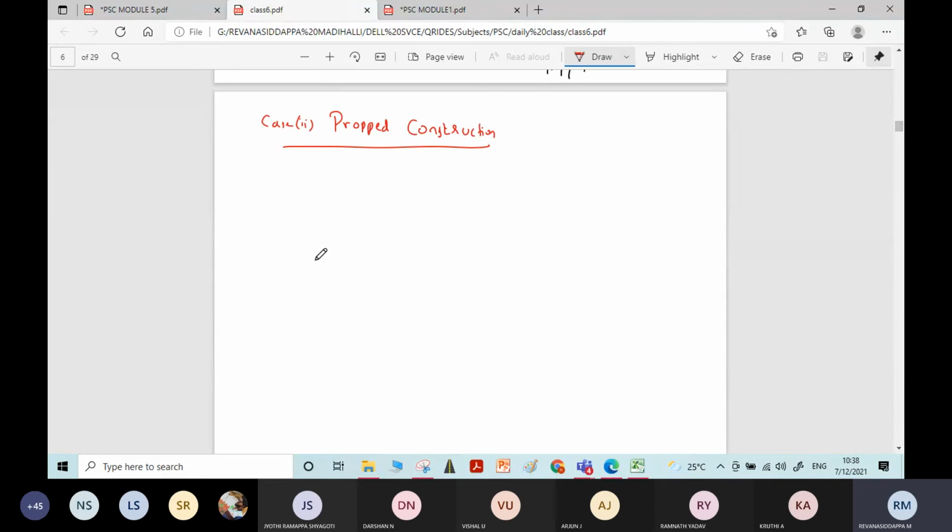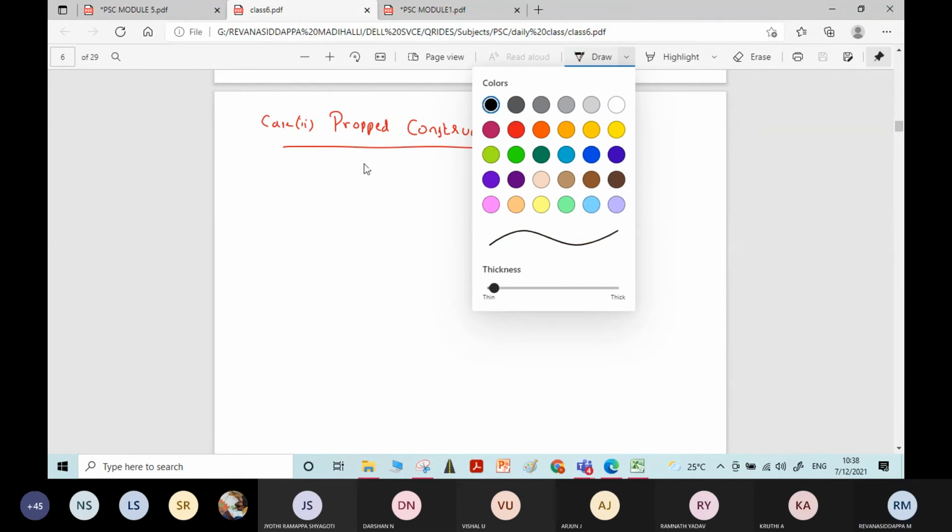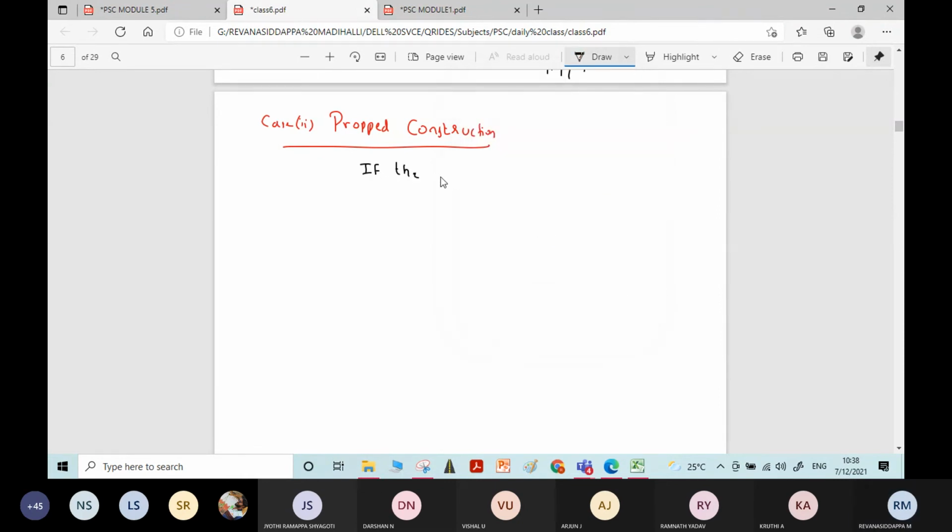Now below, if the pre-tensioned beam is propped, the self weight of the slab, this is calculation C, stresses due to self weight of slab.